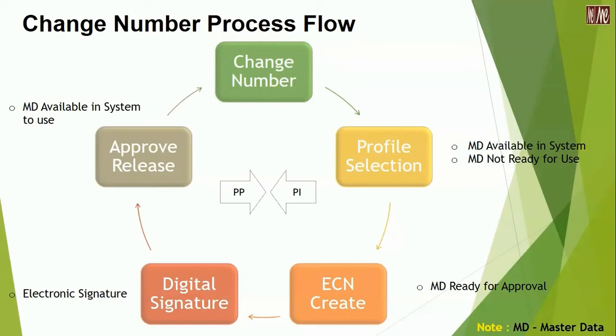Very next to that, the digital signature comes into the picture. That means electronic signature. Through the electronic signature, the created change number is ready for approval. Approval means it is released. Once the change number is released, this master data is ready to use.